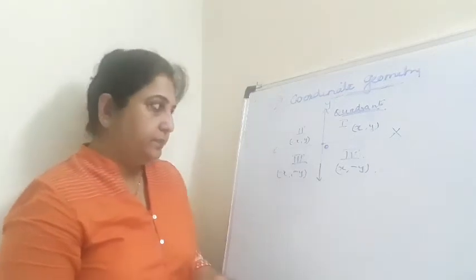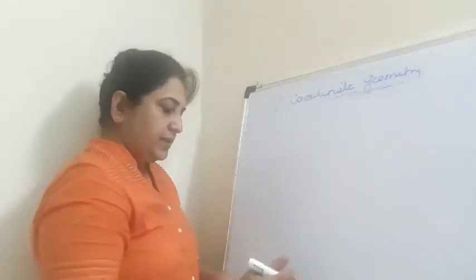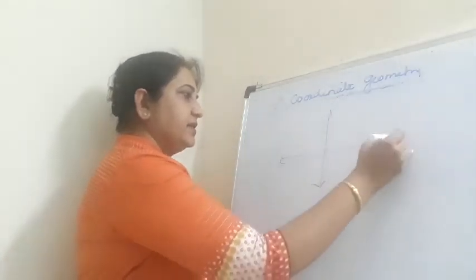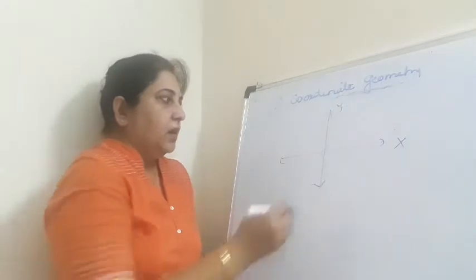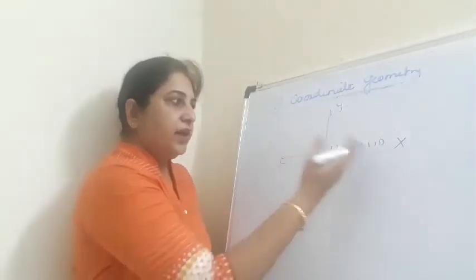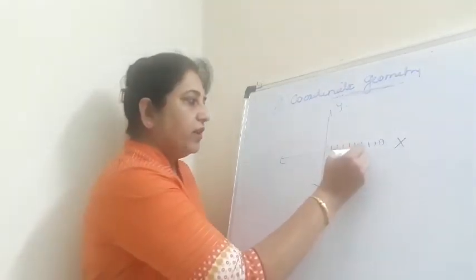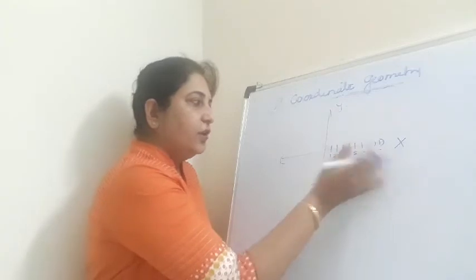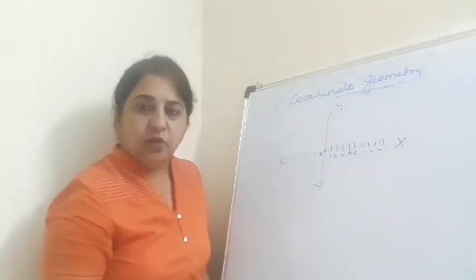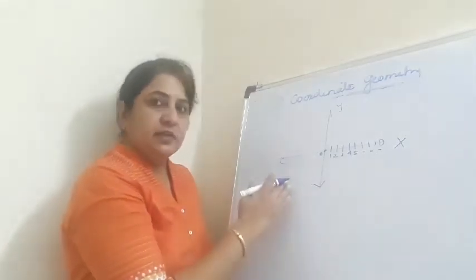Now why? You know that this is the x-axis and y-axis. All the positive numbers on the x-axis lie on the right side. So 1, 2, 3, 4, 5 and so on will be on the right side of the origin O, which you normally know from the number line: right side positive numbers, next left side which numbers?